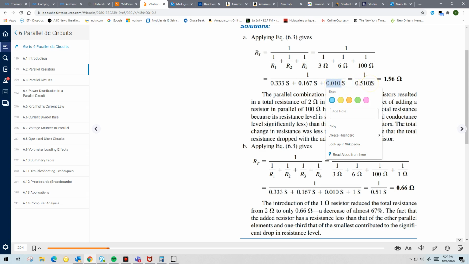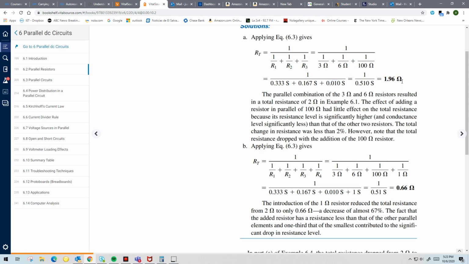So at the end, the total resistance is still going to be close to 2 ohms. The total resistance dropped with the addition of the 100 ohm resistor, but not by much.